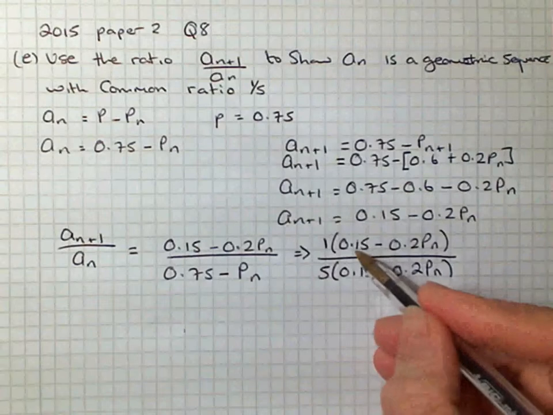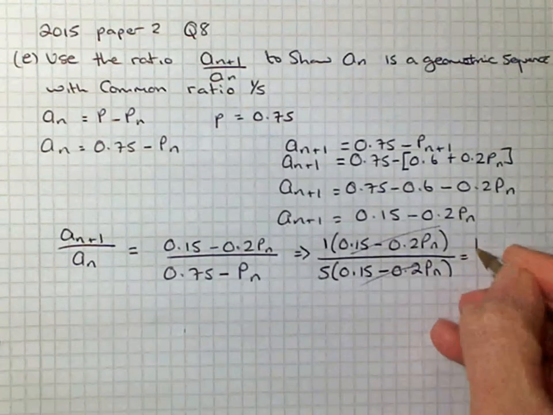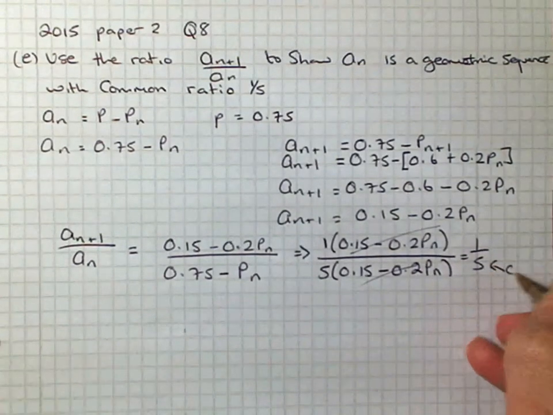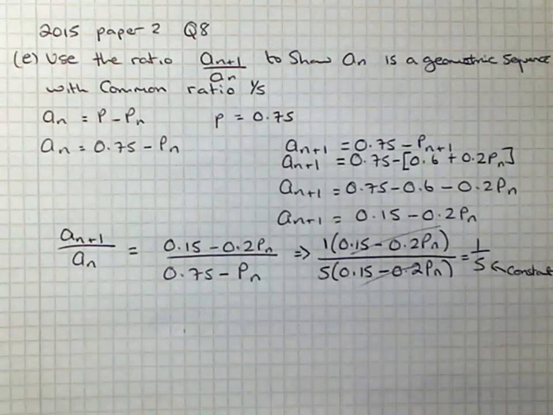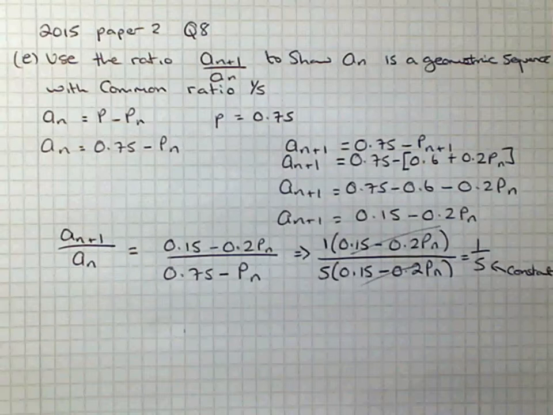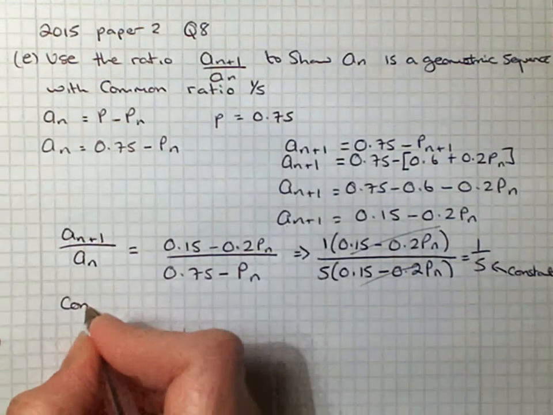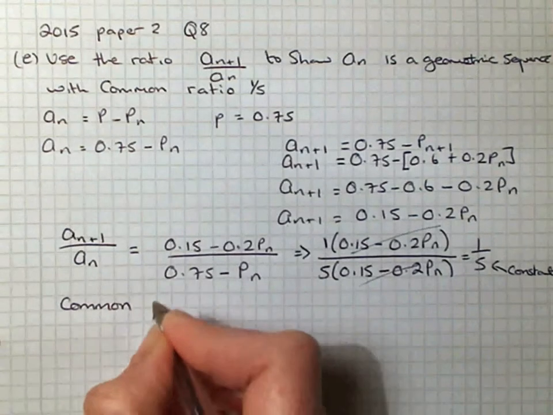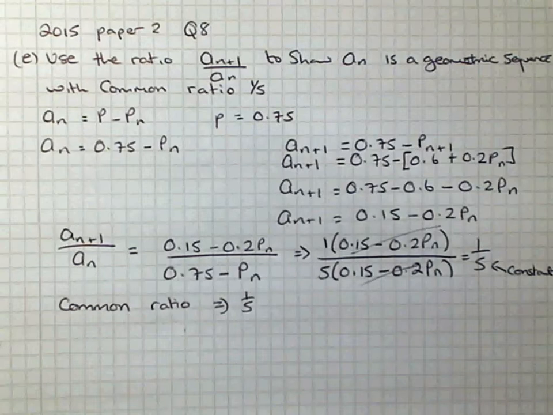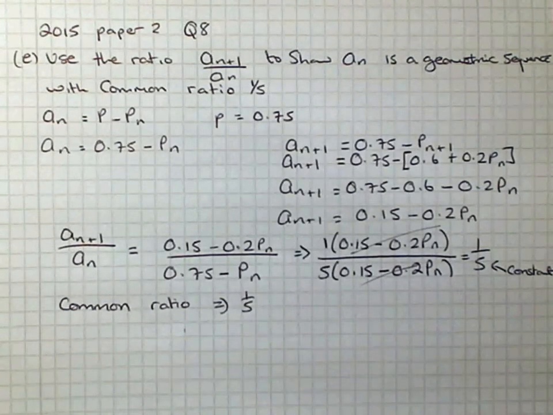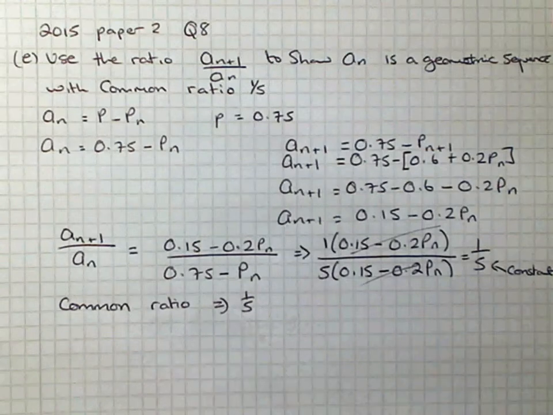And you can see there that they cancel, and you're left with 1/5, which is a constant, so therefore you've proven that an is geometric, and that constant also is your common ratio, so your common ratio is equal to 1/5.